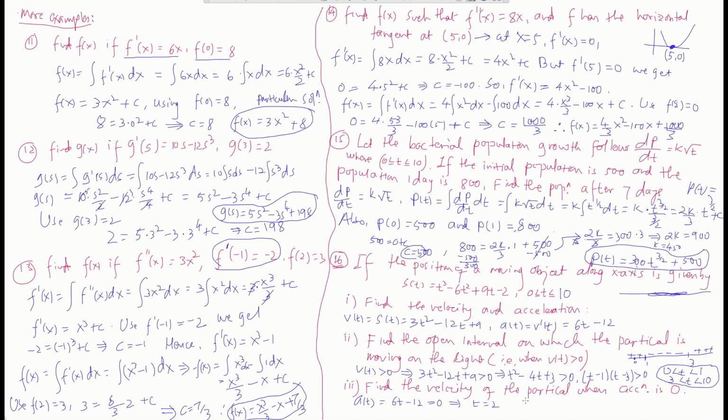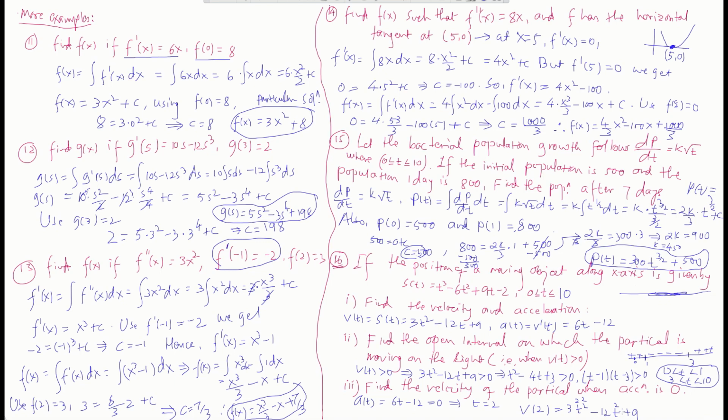And at that time, what is the velocity? So v at 2. v(t) is 3t squared minus 12t plus 9. And you plug in t equals 2, right? So 2 squared is 4 times 3 is 12.